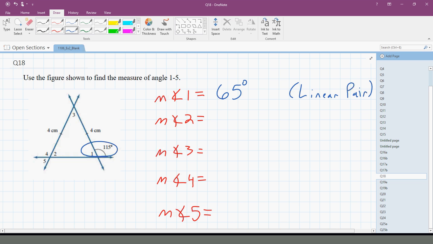Okay. Now, angle 2 is your next must, because we can't figure out anybody else until we know angle 2. So with angle 2, there is a relationship between these two.